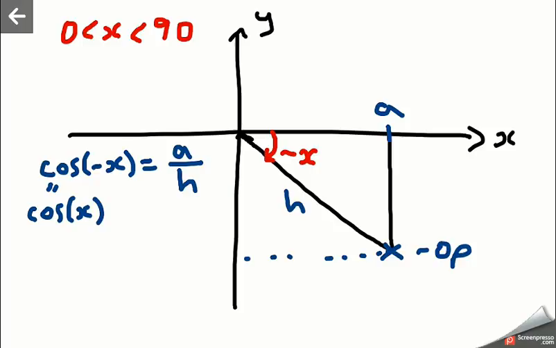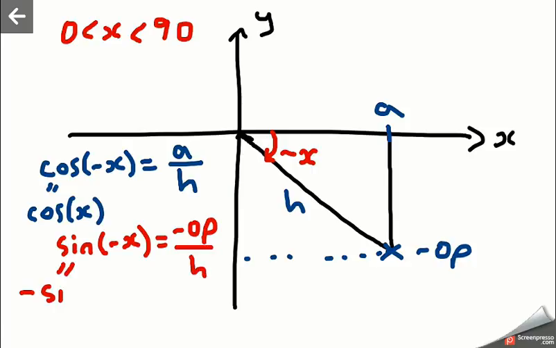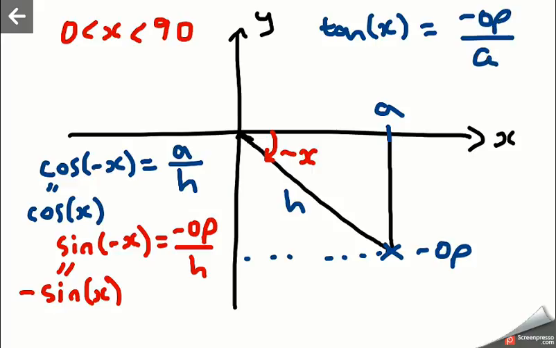Okay, and also we have sine of negative x is actually equal to negative OP divided by h. And if you think back to the start, that's equal to negative sine of x, because sine of x was equal to OP divided by h, so this time it's equal to negative sine of x. And finally, tangent of negative x.